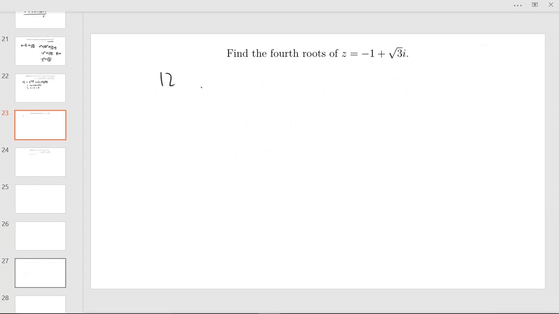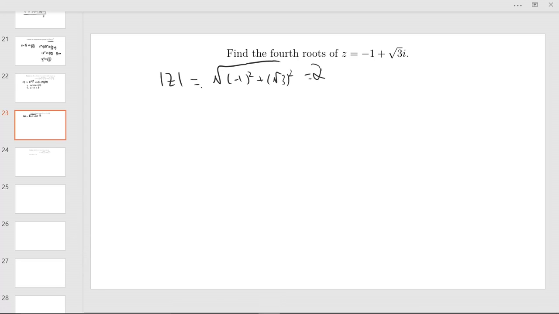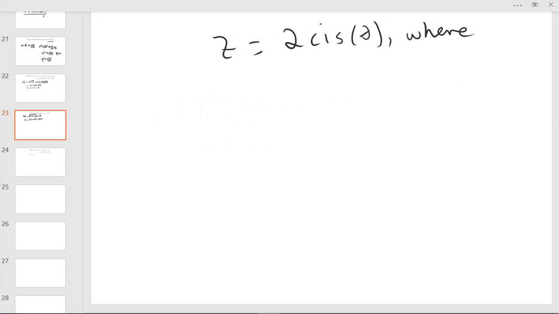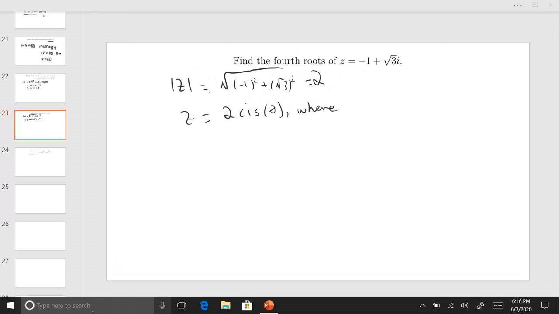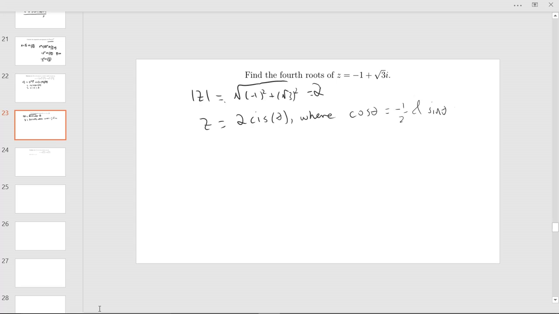So first we calculate the magnitude of z to be the square root of (-1) squared plus (square root of 3) squared, and this is just equal to square root of 4, which is 2. So we get z is equal to 2 cis theta, where cosine theta is equal to -1/2 and sine theta is equal to root 3 over 2.